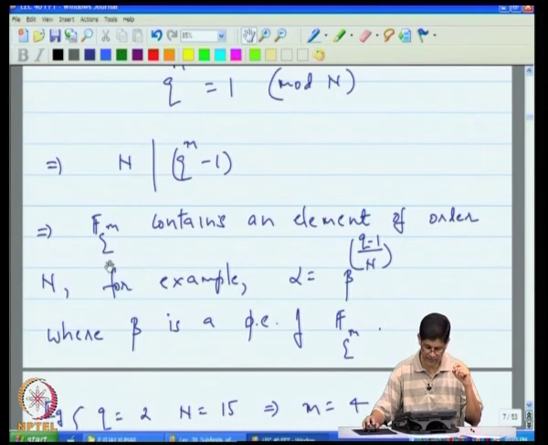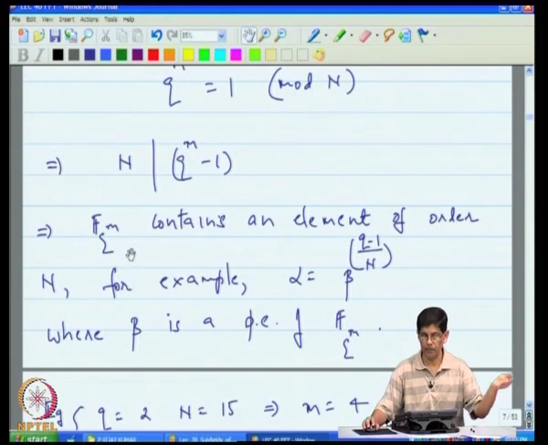important because it tells us that in the finite field F_{q^m}, and we know that finite fields of every size of this type exist, because q itself is some power of a prime. So, q to the m is also some power of a prime, and therefore, a finite field of this size exists. So, this finite field contains an element of order n. Why is that?